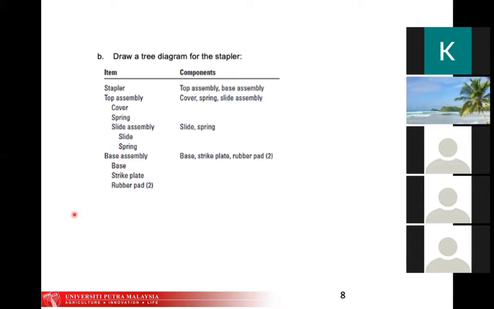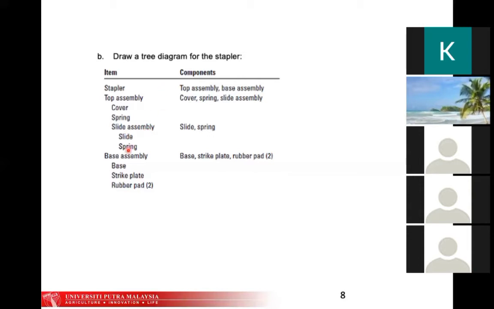If you can see the list, we have items and components. The stapler becomes level 0. To produce the stapler, they need the components top assembly and base assembly, which become level 1. For the top assembly at level 1, its components are cover, spring, and slide assembly. Those three components become level 2.